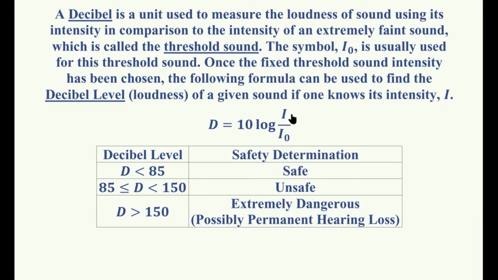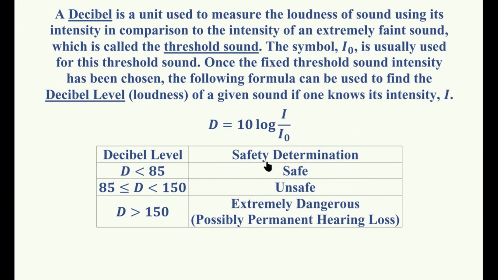And then we also need to provide the intensity of the particular sound that we want to compute the loudness of, which can be measured with various devices. And using this logarithmic equation for the decibel level, the units are lowercase d, uppercase b. Those audiophiles among you, I'm sure, have seen that measurement unit.